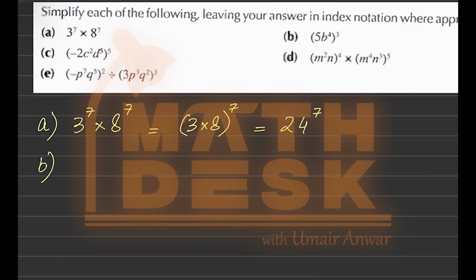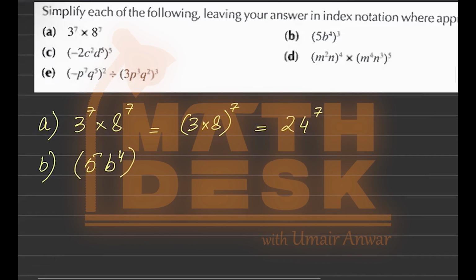Second part, we have (5b raised to 4) whole raised to 3. Now, there are two different factors over here, 5 and b raised to 4, and both of them have the same index 3.